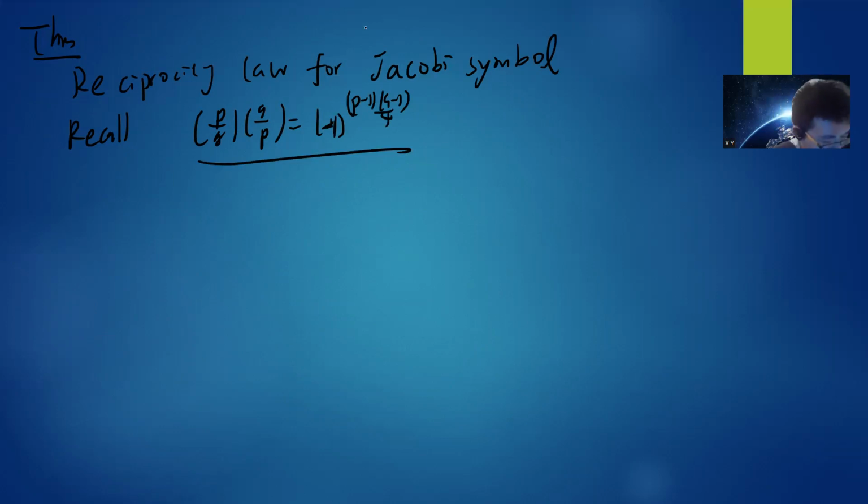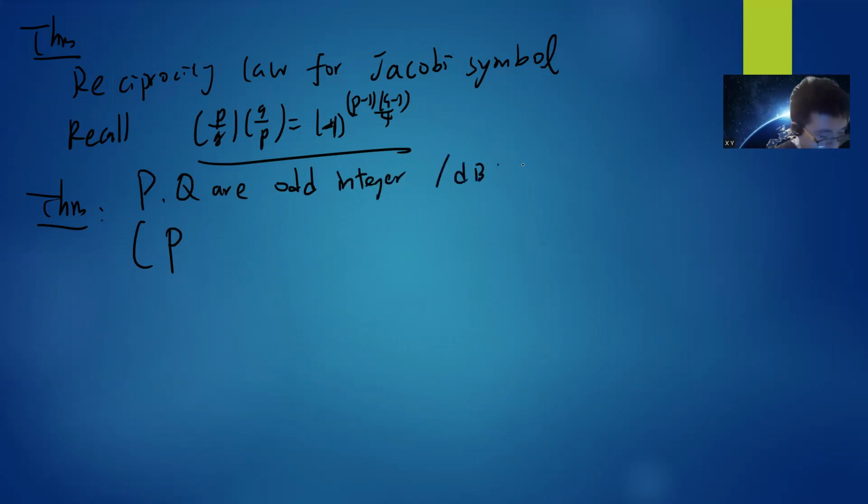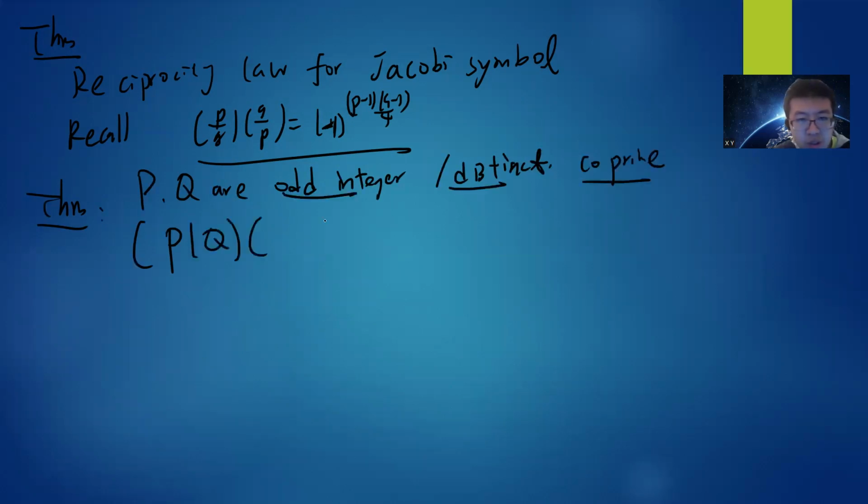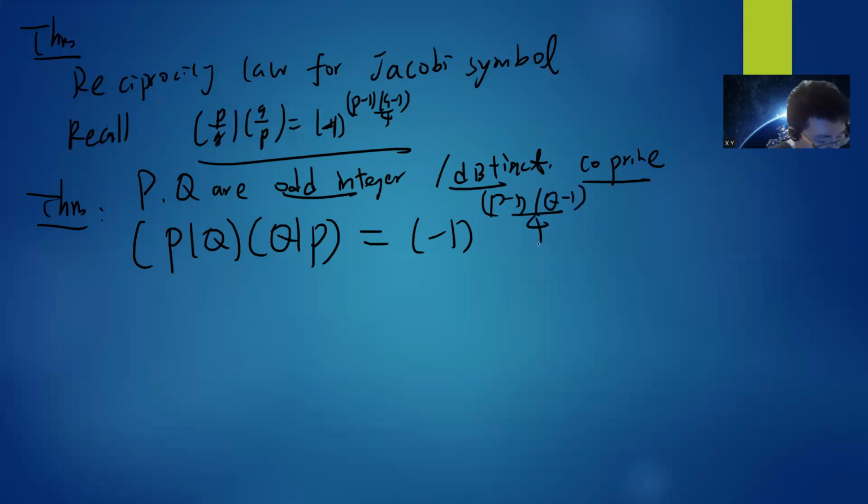Okay, and so the theorem is that if you take any p, q odd integers, distinct, and also coprime, then you have (p/q)(q/p) equals (-1)^((p-1)(q-1)/4).